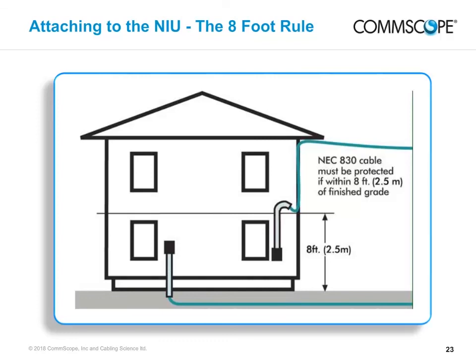If you are using direct burial cable without conduit, you must run the cable in a conduit starting 18 inches or 45 centimeters below finished grade and finishing in contact with the NIU enclosure. With an aerial installation, the cable should be placed in conduit with a J-joint at the top to prevent water from getting into the NIU, and then run to the top of the NIU enclosure.